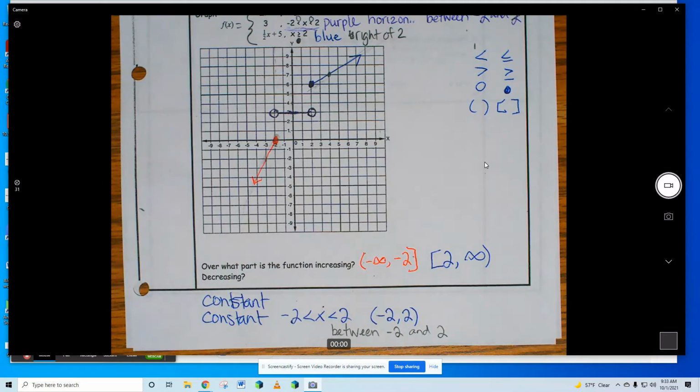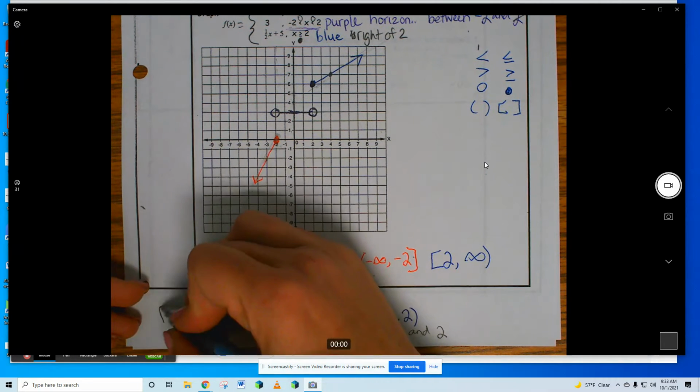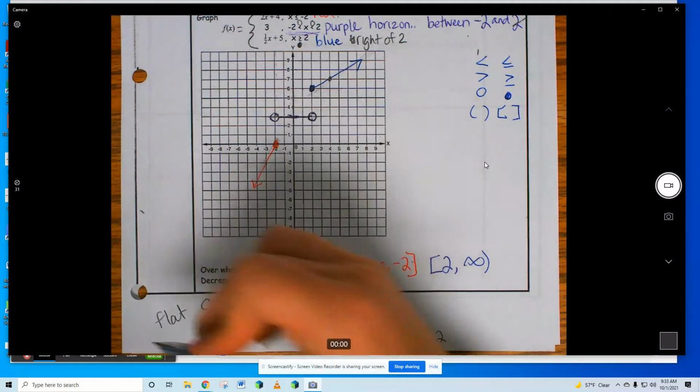That's 2 ways to write it. 2 different ways to write between -2 and 2. Constant means it's flat. It doesn't go up or down. Flat, no slope.